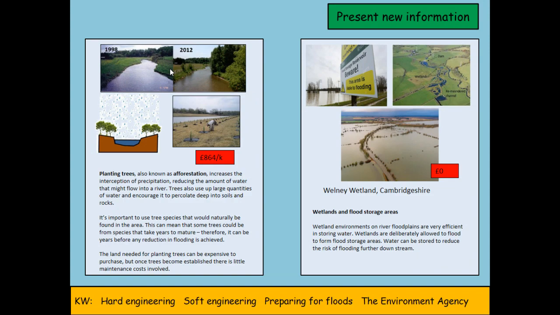But if you've got trees in the way, those trees are going to intercept that water. Before it reaches the river, those trees are going to absorb it all, and then less is going to flow into the river. So planting trees is a very, very good way of, one, counteracting climate change, and two, stopping flooding.